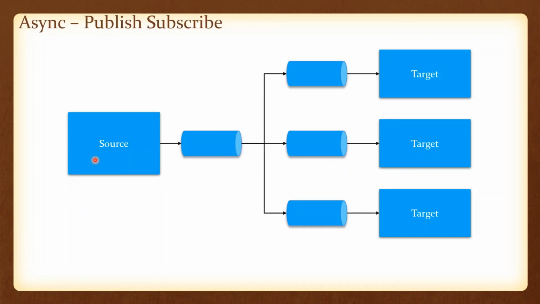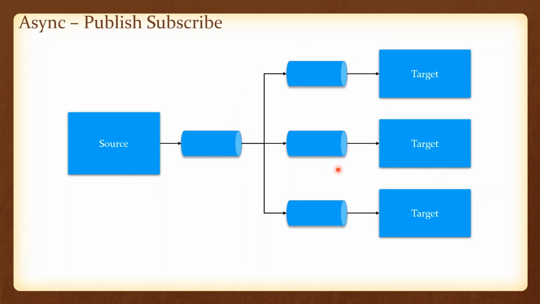Based on the same philosophy, we have the publish subscribe pattern, where the source publishes the message to the topic and each of the targets does independent processing and has its own processing. It's not that if any one of them processes, then the whole process is complete. No, all the systems want to have their own processing.